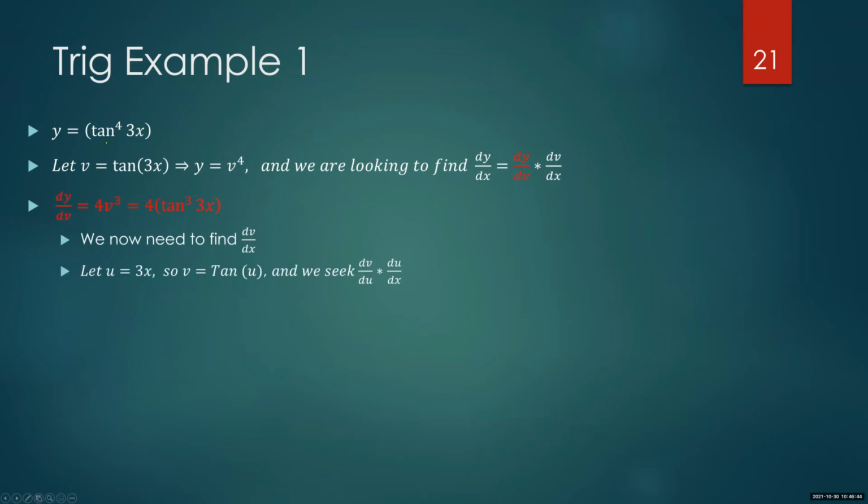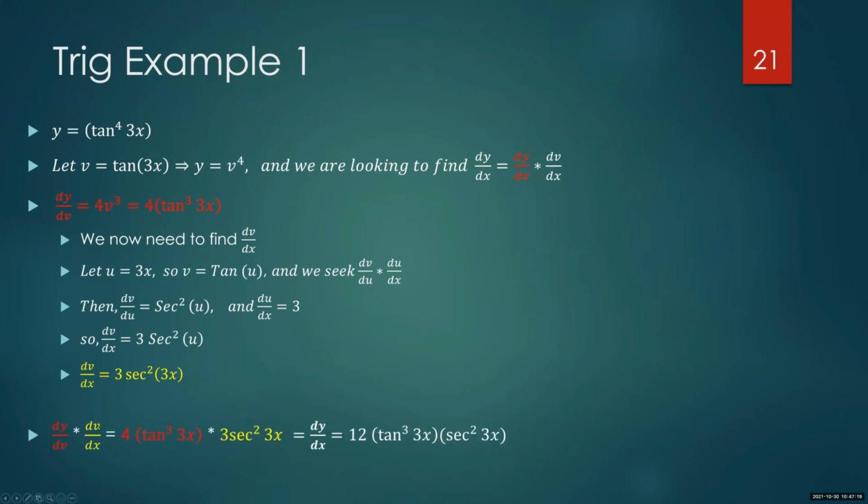So remember, v is tan of 3x. So I'm going to let u be equal to 3x, so v is tan of u. We now want dv du by du dx. So dv du is equal to sec squared u, and du dx is equal to 3. So dv dx is equal to 3 sec squared of u. And so that becomes 3 sec squared of 3x, because we said that u is equal to 3x.